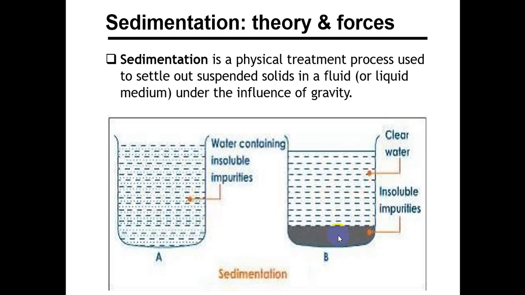So they all settled at the base of the container, whereas the water is displayed at the top, because the water has a lighter weight, while the sand particles, which are heavyweight, are at the bottom.